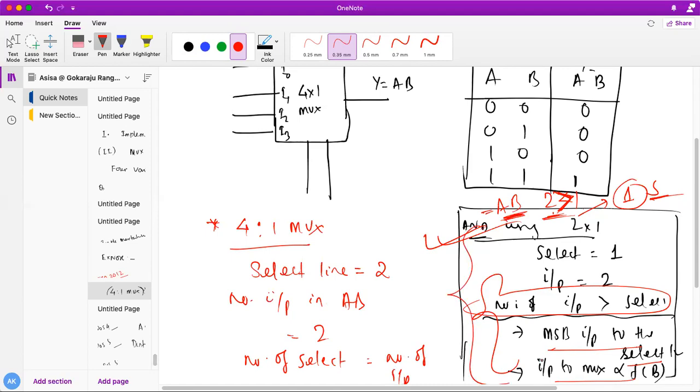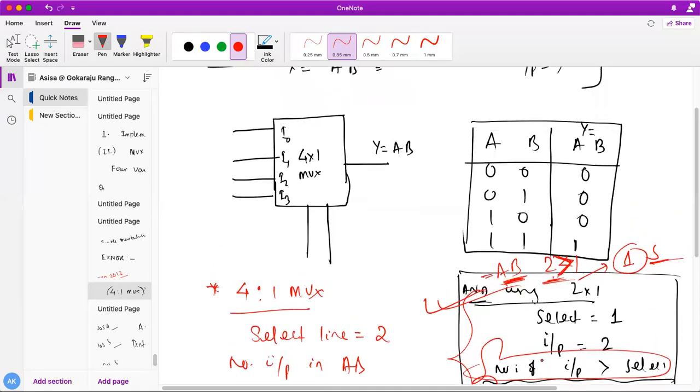So what you need to do, remember, both the inputs A and B connect to the select lines. This you connect to the MSB input S1, and this is my LSB input, I have already told, you connect to S0. So this is A and this is my B.